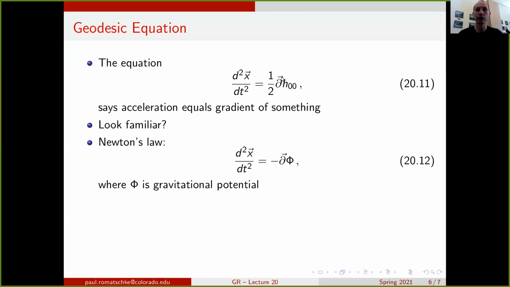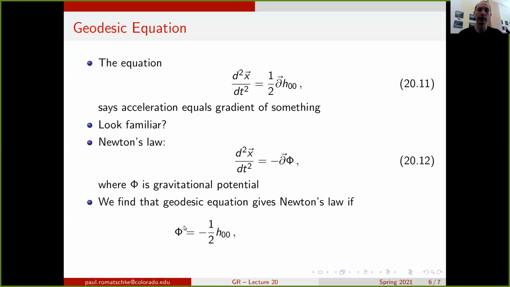And if you compare these two equations, then you find that the geodesic equation in the non-relativistic near Minkowski limit gives Newton's law if we identify the gravitational potential to be minus 1/2 times this function h00. We can, of course, rewrite this by saying that this is just the deviation of the metric from Minkowski.